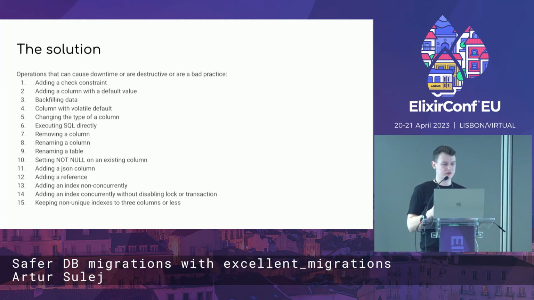Those operations can either cause downtime of your app, or are destructive, meaning they permanently remove data, or are some kind of bad practice. Like, for example, adding a JSON column in Postgres. You can do that, of course, but JSONB is better in every manner, so it's better to use it.